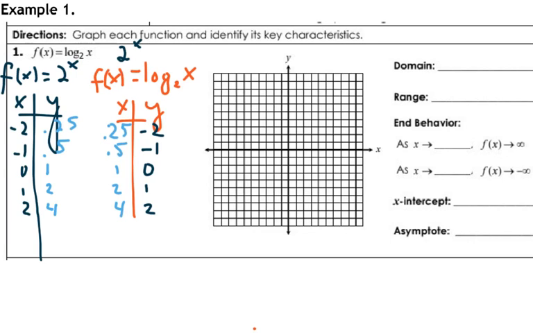So at x 0.25, my y value is -2. It's going to be somewhere very close to the y-axis, and at 0.5, y is -1.